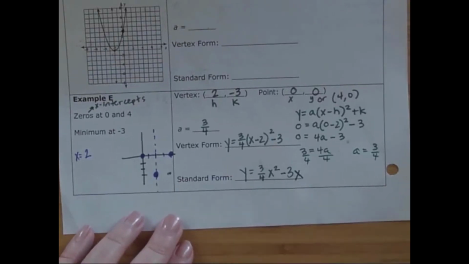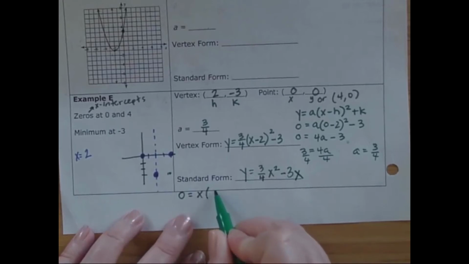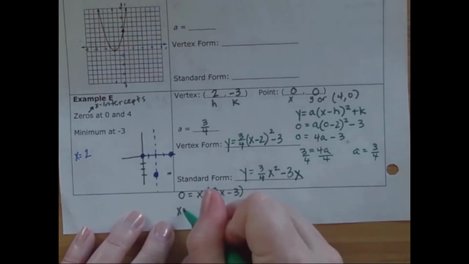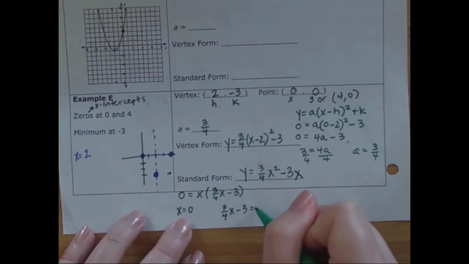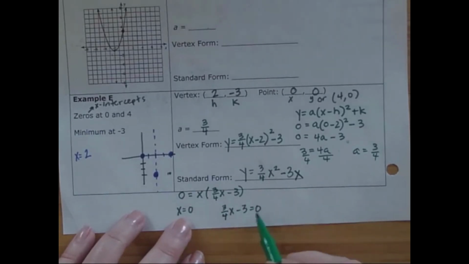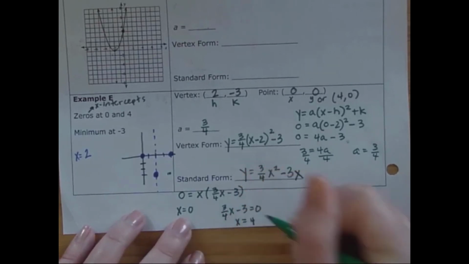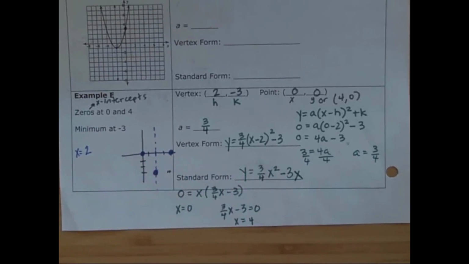So if I factored this, we'd say 0 equals x times (3/4 x minus 3). x either equals 0 or 3/4 x minus 3 equals 0. Add 3 to both sides, multiply by the reciprocal, x could equal 4, which gives us our zeros. So that's just tying back to solving by factoring.